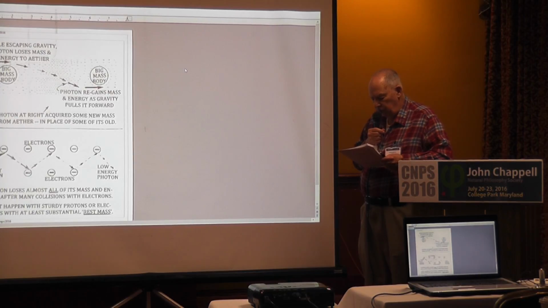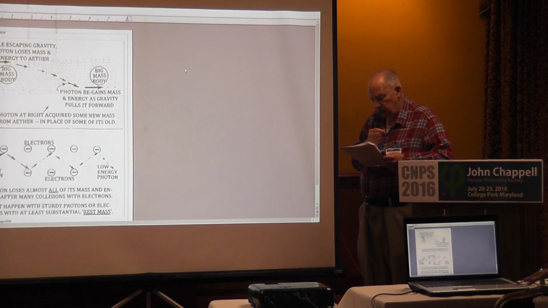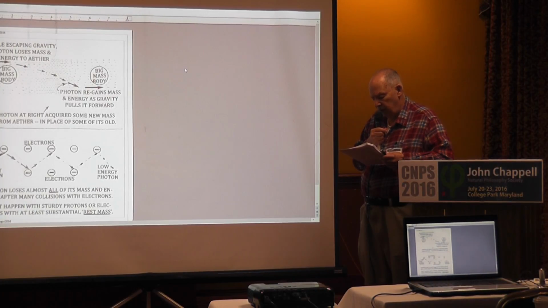My first conclusion is that the photon first lost some of its mass to a real ether in space, and thus further increased the already considerable amount of real mass contained by a real ether already in space. And then approaching a big, distant gravitational body, it gains back a comparable amount of substitute mass from a real ether in space.